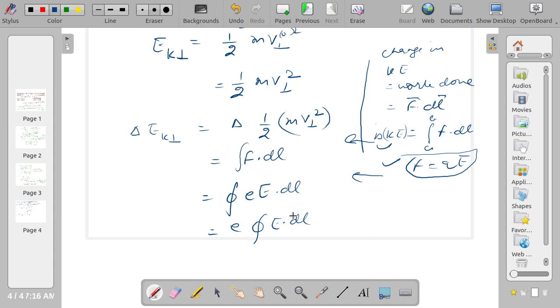Now what I have to do is find the expression for the time varying magnetic field. So I have to convert this line integral into a surface integral, and that can be done using Stokes theorem. So if I use Stokes theorem, then what should I do?